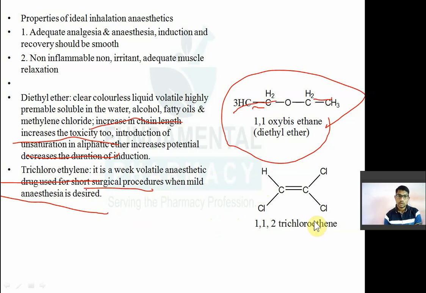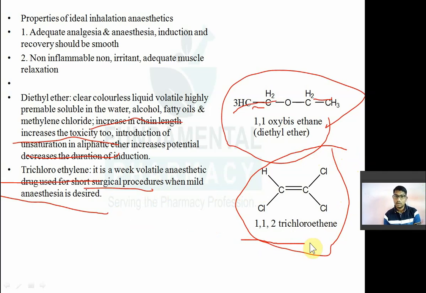You can see over here the structure of your trichloroethylene. So what is the name? 1,1,2 trichloroethylene. ये 1,1,1 dichloro 2 chloro सभी बोल सकते हो या फिर आप ऐसा लिख सकते हो 1,1,1,2 trichloro. That is trichloroethylene.